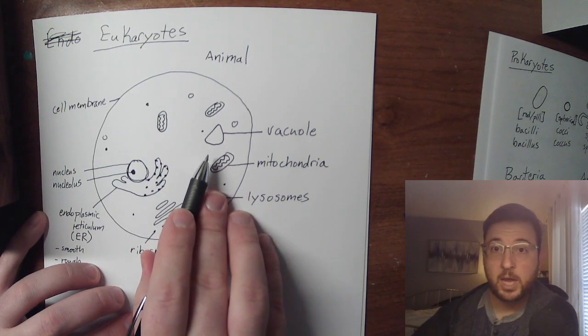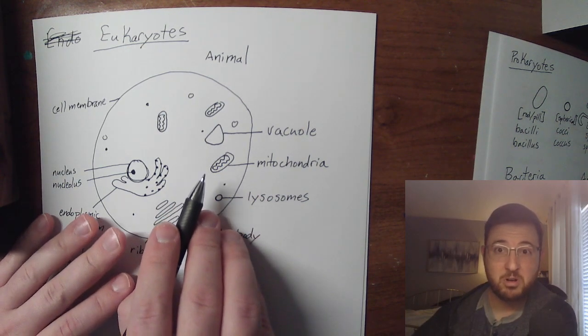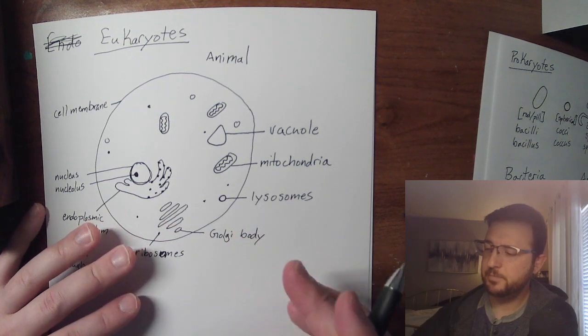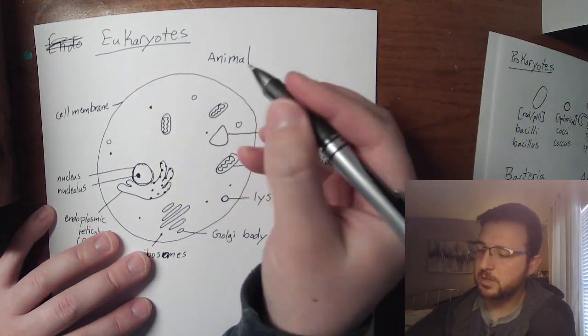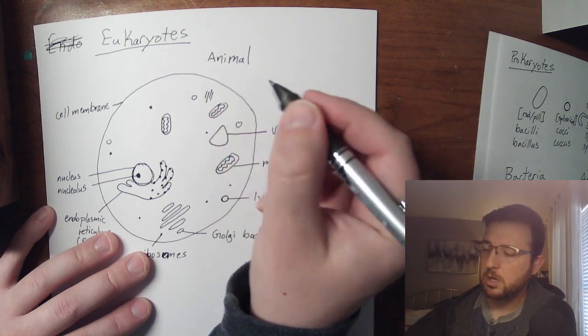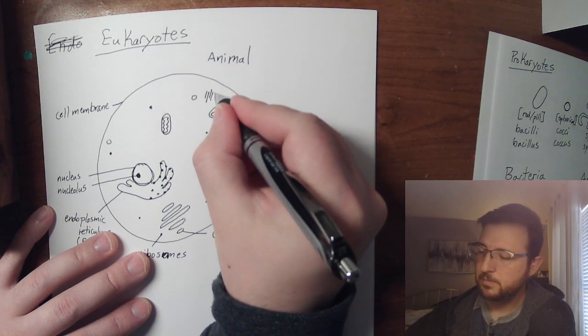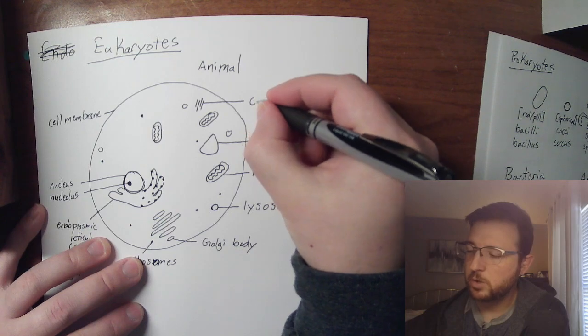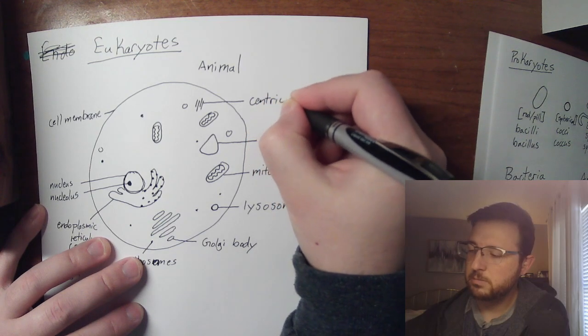Okay. Now, in animal cells, they tend to be pretty small, especially compared to plant cells. We'll look at that in a minute. There's one more thing that animal cells have that I want to make sure you know. It's these special kinds of proteins that help the cell divide, and they're called centrioles.